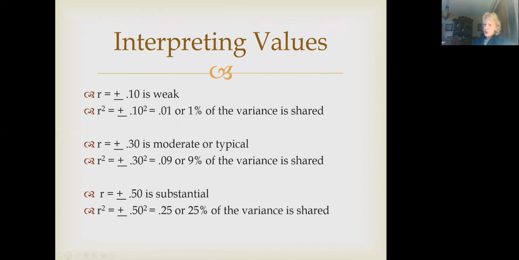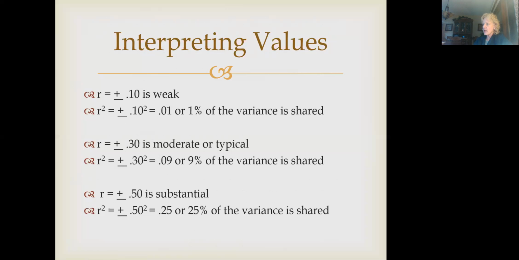So as we interpret the values that we get with correlation coefficients, whether it's the R or R squared, R plus or minus 0.1 is considered a weak relationship, a weak positive relationship, a weak negative relationship. R squared is equivalent to about 1% of the variance is shared. So again, a very weak relationship.